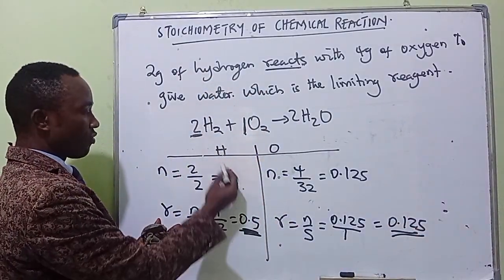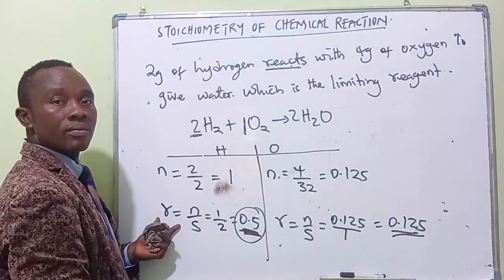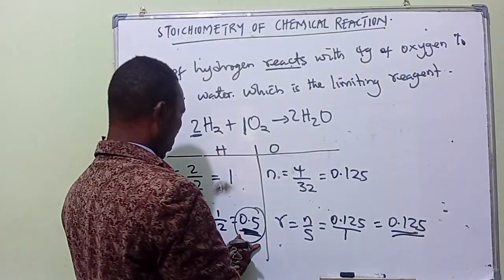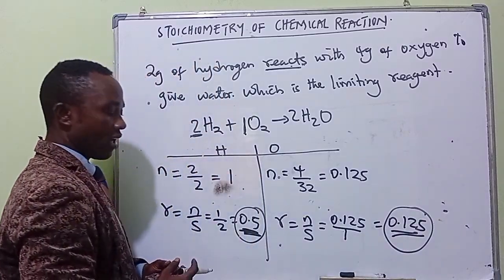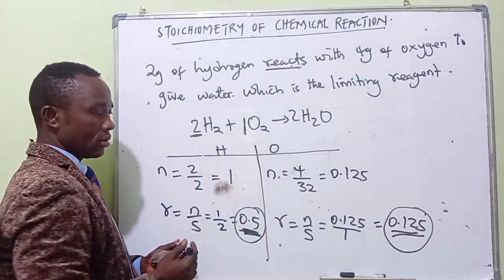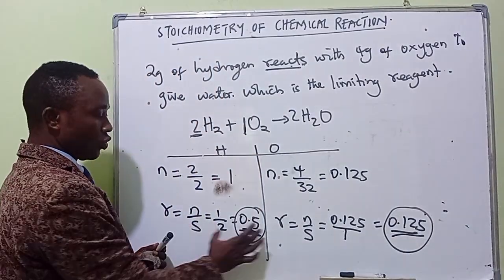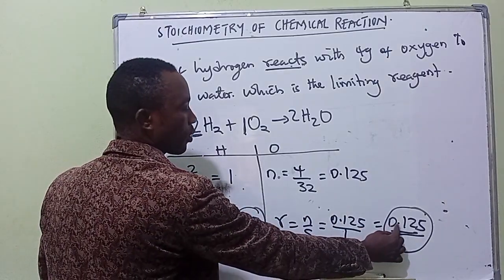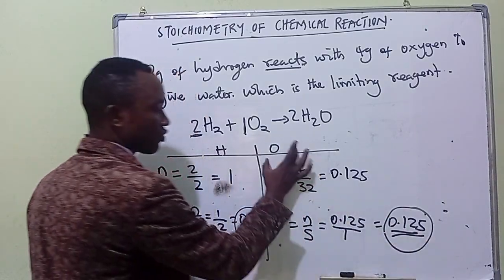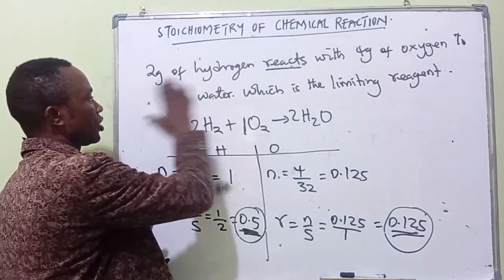So we have ratio of mole for hydrogen at 0.5. We have ratio of mole for oxygen as 0.125. Which one is smaller? These two ratio of moles, the one that is smaller is 0.125, which is for oxygen.